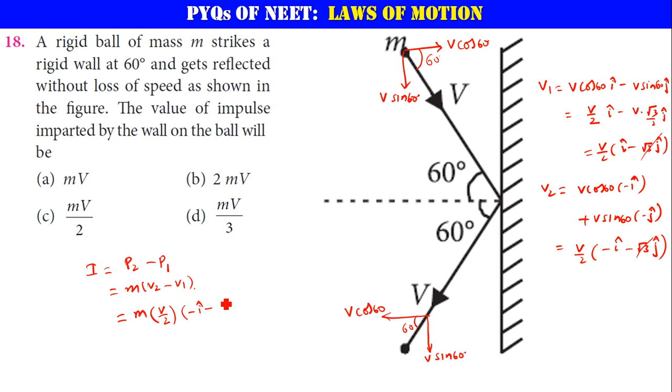What is the v1? v1 is again minus I cap now, since you have taken v by 2 common. mv by 2 times I cap minus I cap into minus I cap, minus 2 I cap. These two, that 2 gets cancelled. So the net impulse is nothing but mv along the negative x axis. Clear? Yes. Option A is correct.